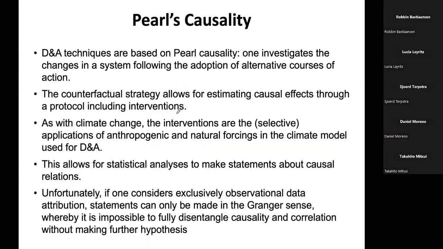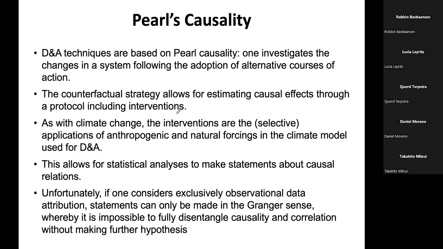So a key aspect of these optimal fingerprinting methods is the consideration of the so-called Pearl causality. So this is key because it allows us to make causal statements by comparing the world as it is with the counterfactual world that would have occurred had something else been implemented.